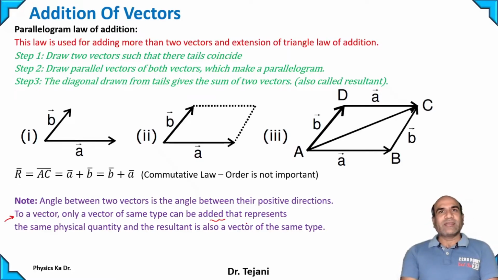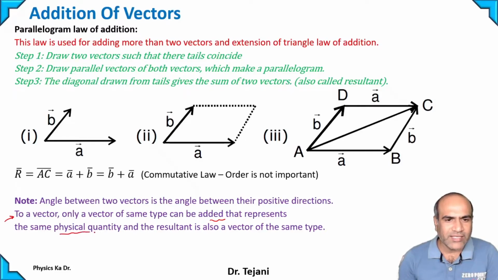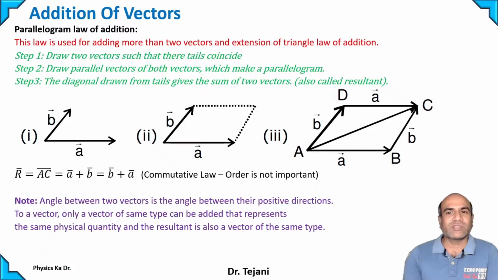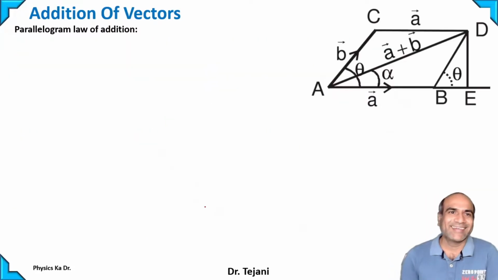Different types of vectors cannot be added. You have to remember that part. The same physical quantity has to be added, and the result is also a similar quantity. If there is a force, then force plus force can be added. If you talk about force plus displacement, they cannot be added. The rule is very simple. It is known to everyone.